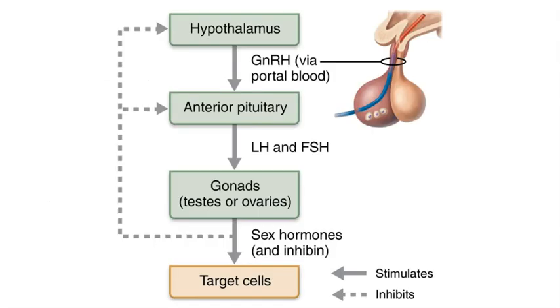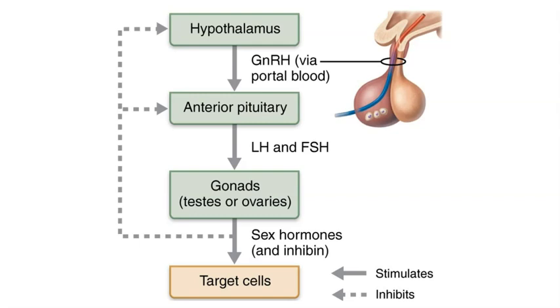Recall that the ovaries and the testes are controlled by two hormones from the anterior pituitary. The first is luteinizing hormone, which is abbreviated LH, and luteinizing hormone stimulates the ovaries or the testes to produce and secrete their steroid hormones. Meanwhile, the second one, which is called follicle-stimulating hormone, abbreviated FSH, will stimulate the maturation of cell clusters called the follicles in the ovaries or the testes.